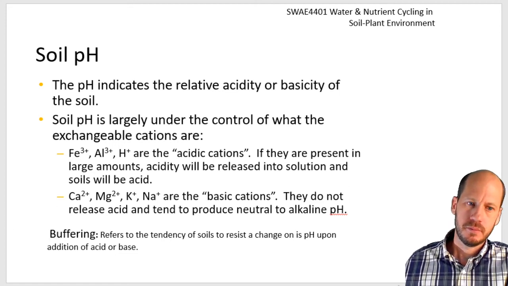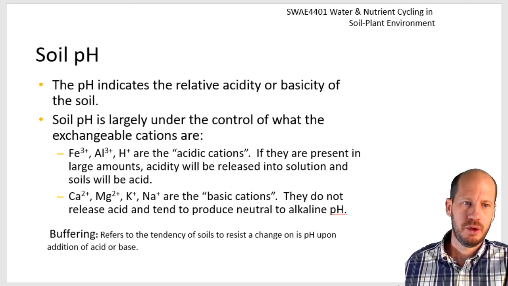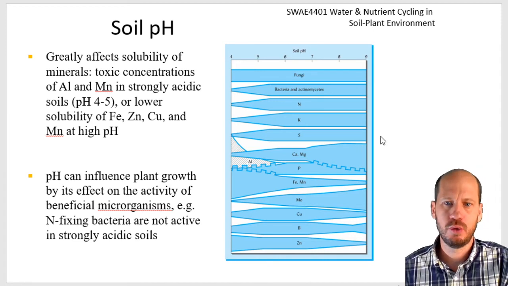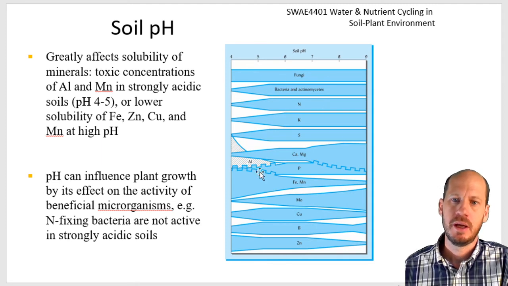Let me try to show here. This is the figure explaining the solubility of different ions in soil solution at varying pH. You will see that near neutral conditions is where most nutrients are soluble.